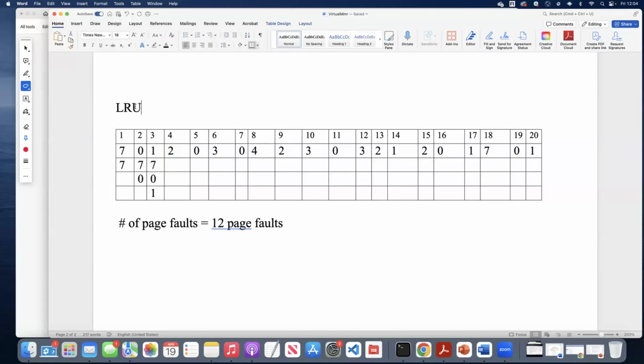Now we use the least recently used algorithm to select the victim. We take a look at the historical information, the past information.